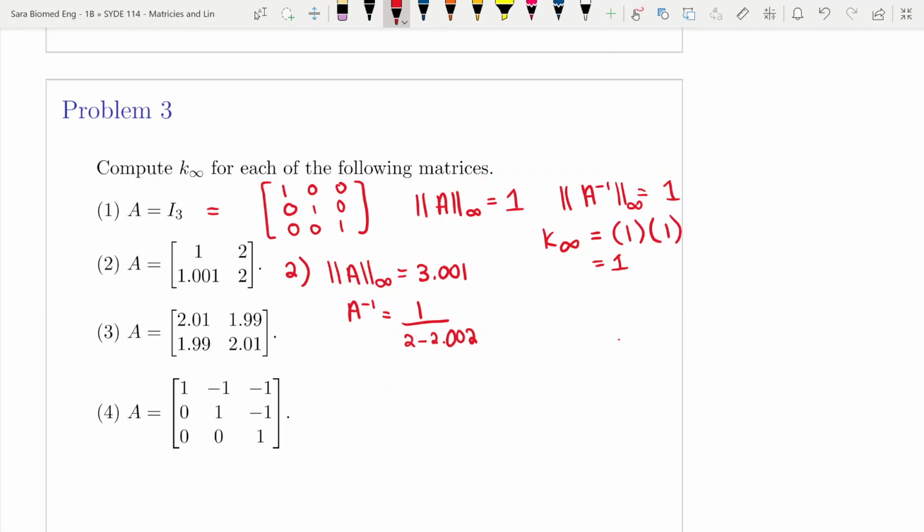Has anybody finished the second one? Smartphone charger? How much? Oh no, I don't bring them to school.